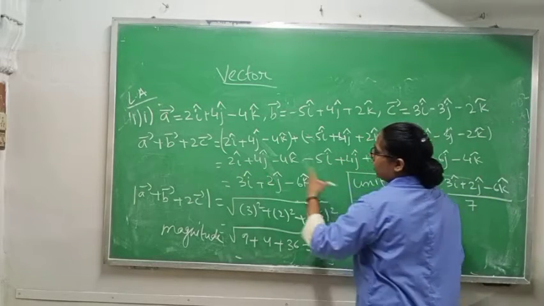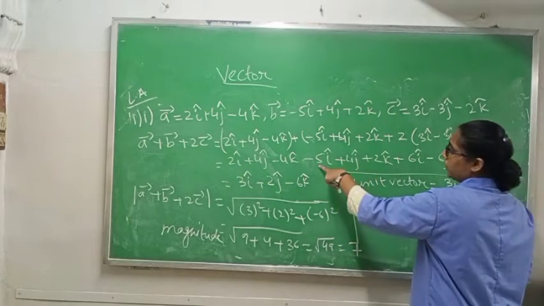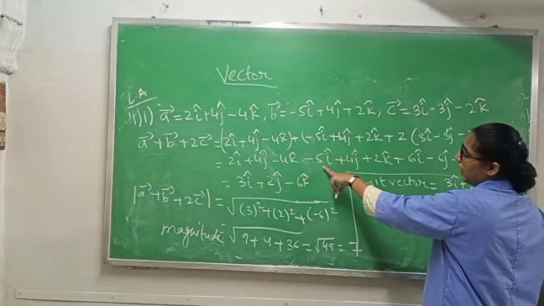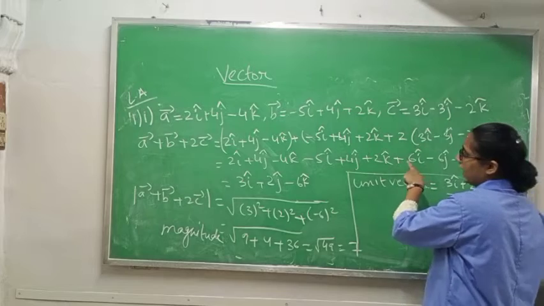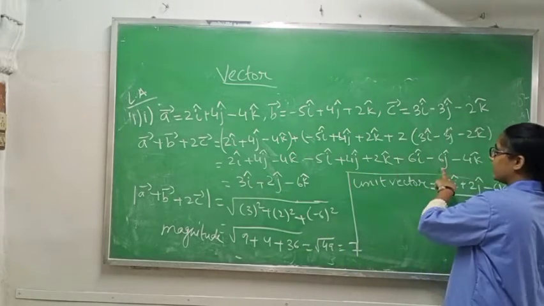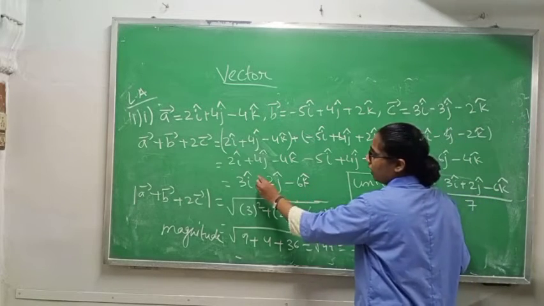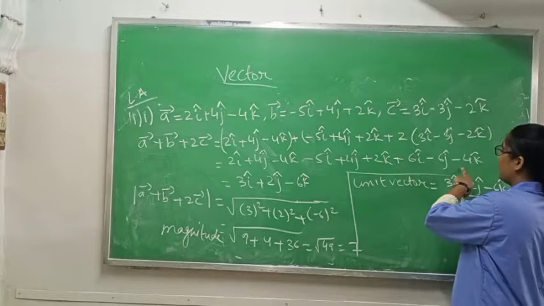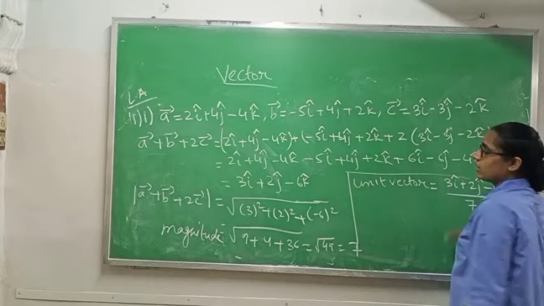Okay. So 2i cap minus 5i cap plus 6i cap, you will get 3i cap. 4j cap plus 4j cap minus 6j cap, you will get plus 2j cap. Minus 4k cap plus 2k cap minus 4k cap, you will get minus 6k cap.